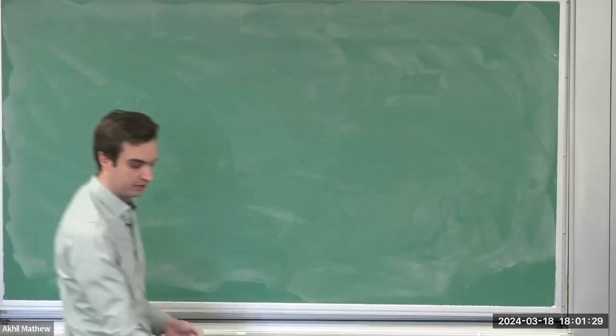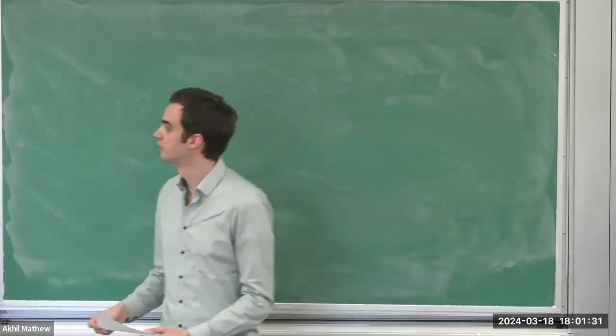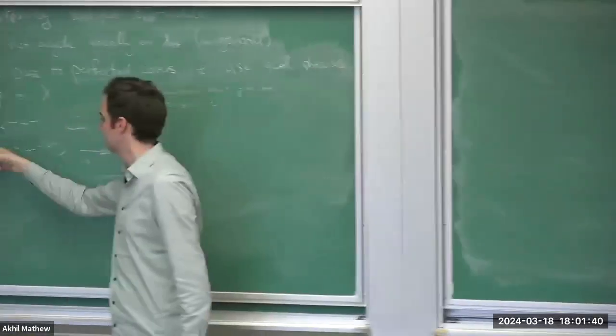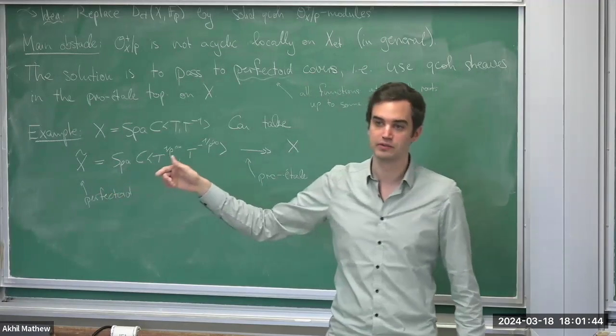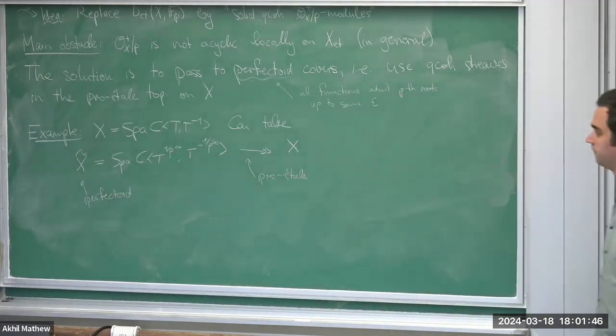So in this example, there's no epsilon. I mean this epsilon? Yeah. No, but if you want to take p-th roots of any element in here, you can. In C you can take the root of any element.